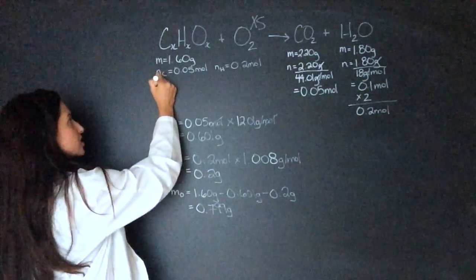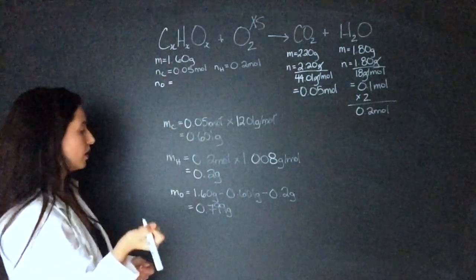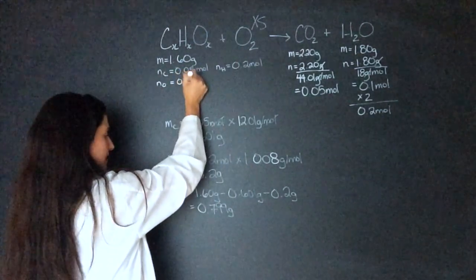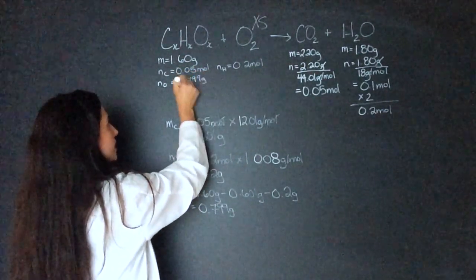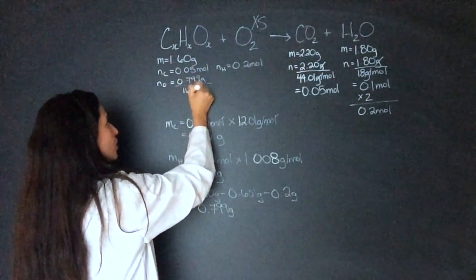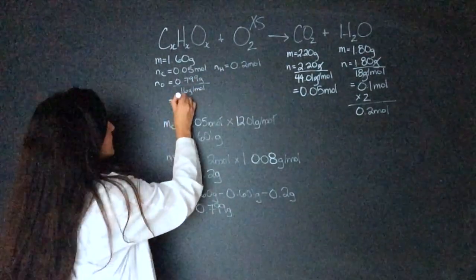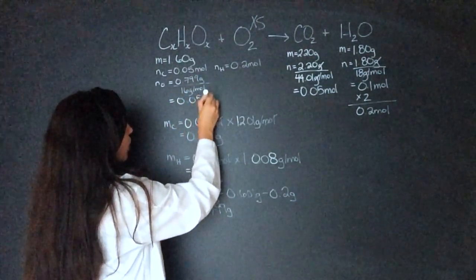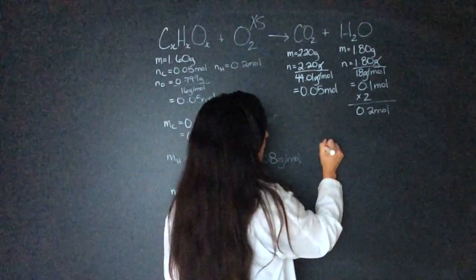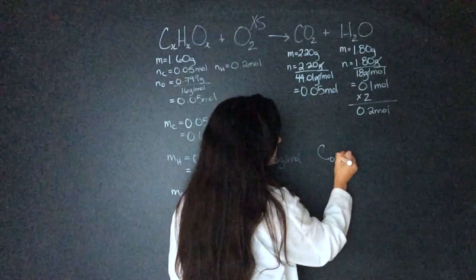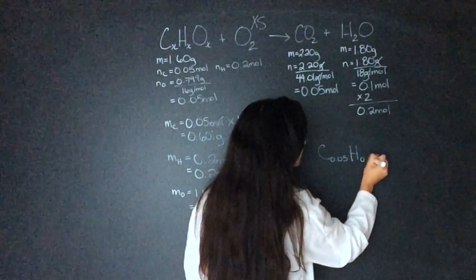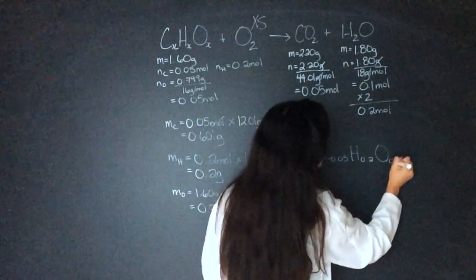Moles of oxygen equal mass over molar mass, which is 0.799 grams divided by the molar mass of oxygen, which is 16 grams per mole, and we get 0.05 mole. So now to figure out our ratio, we have carbon at 0.05, hydrogen at 0.2, and oxygen at 0.05.